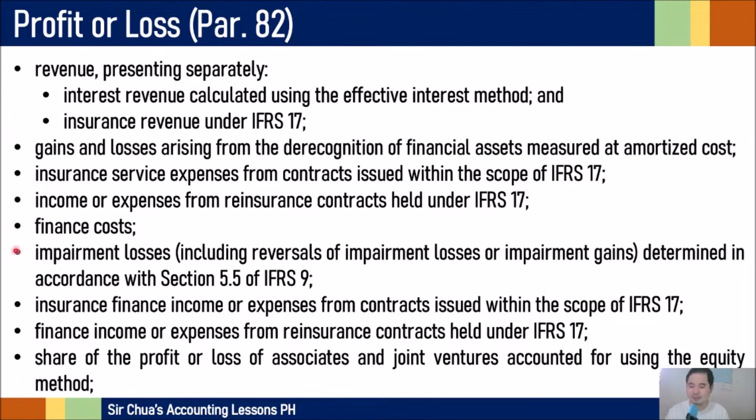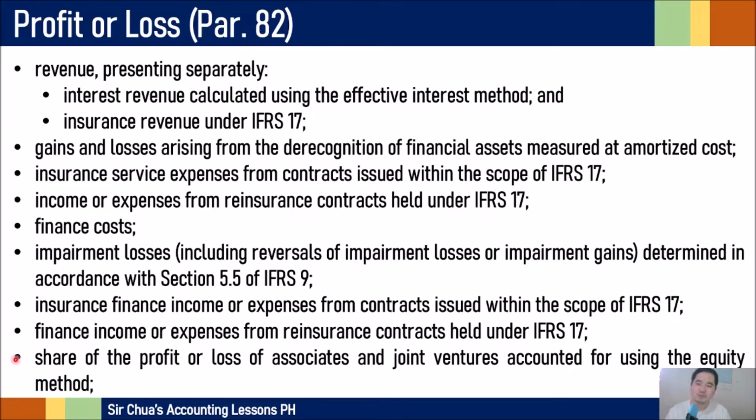And then impairment losses, which also includes the reversals of your impairment loss or impairment gains determined in accordance with IFRS 9. Okay? And then insurance finance income or expenses from contracts under IFRS 17, finance income or expenses from reinsurance contracts under IFRS 17, and also the share of the profit or loss of associates and other joint ventures accounted for using the equity method.